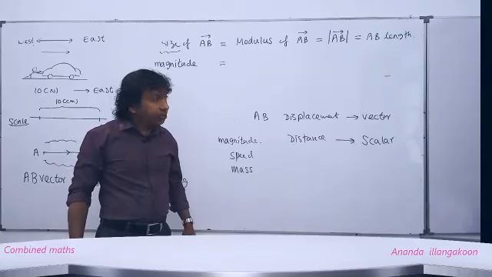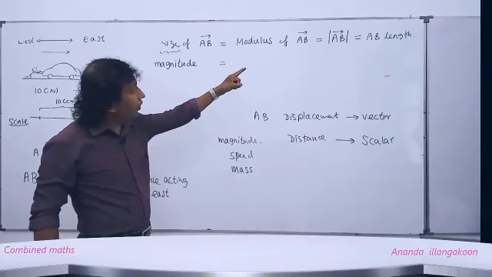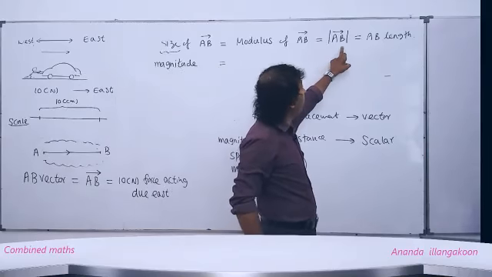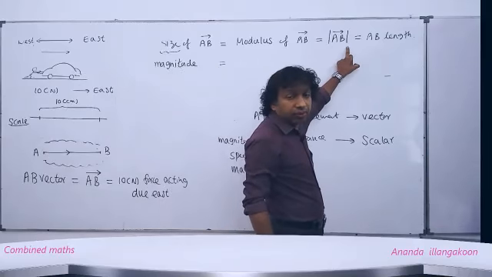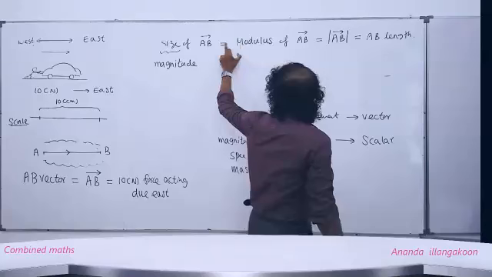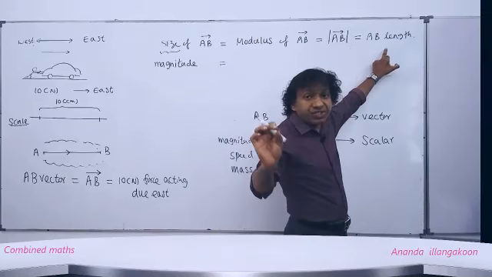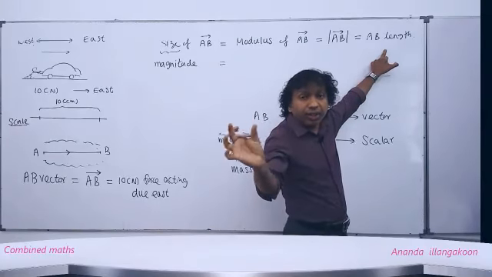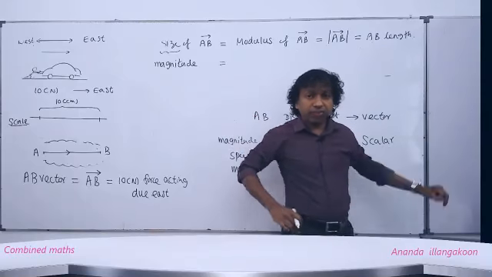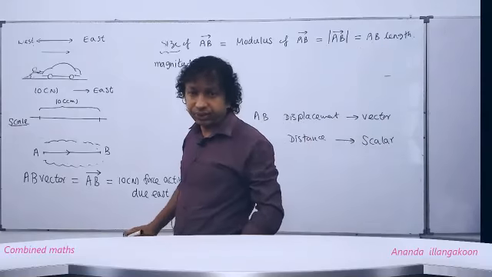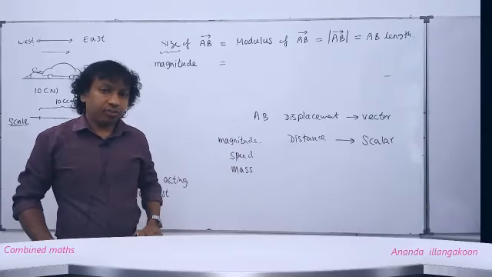So modulus of vector AB we denote using this symbol. Its meaning is the size of the vector AB, and since the size is given by the AB length, it is nothing but the AB length. That's another thing you must understand.